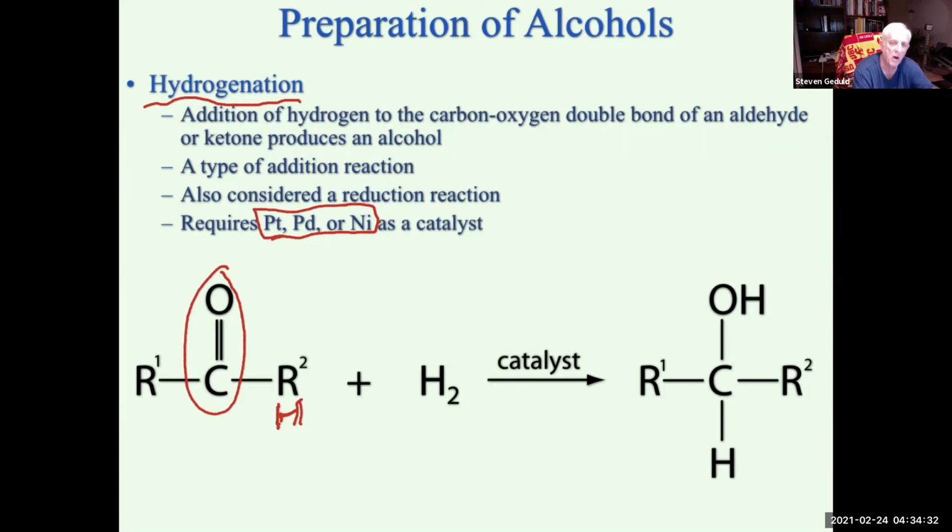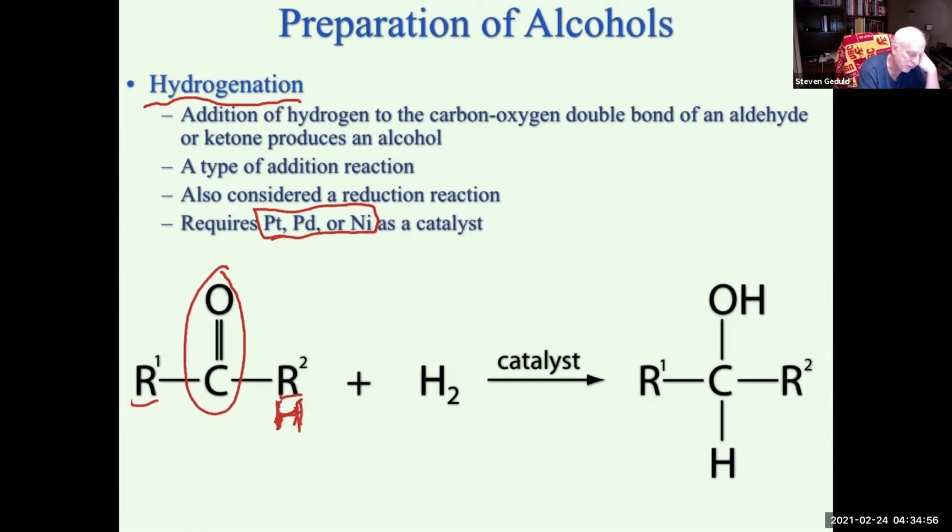An aldehyde always occurs at the end of the molecule because hydrogen is terminal. We do Lewis structures, hydrogen ends it. So aldehydes are always at the end, ketones are always in the middle. If both of these are R groups, alkyl groups, it's a ketone. If one of these is a hydrogen, it's an aldehyde.